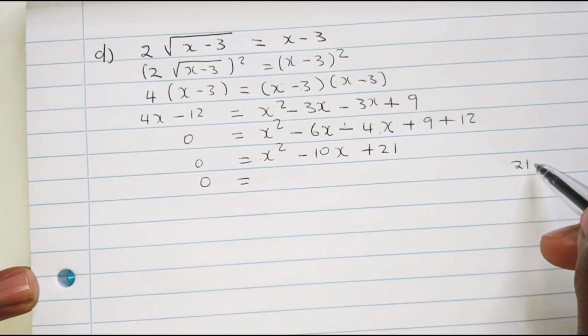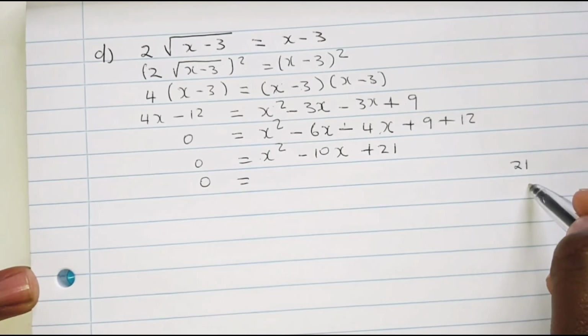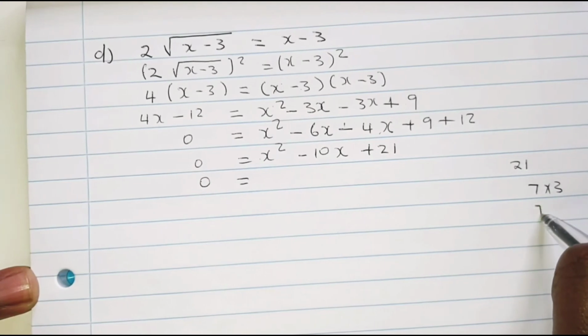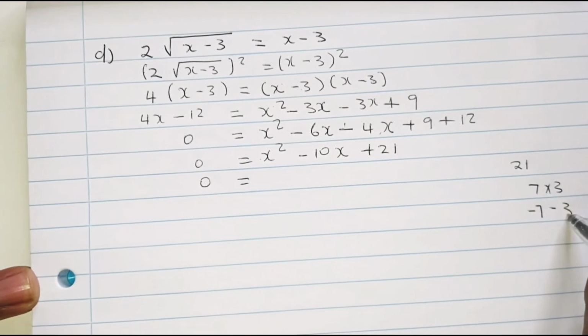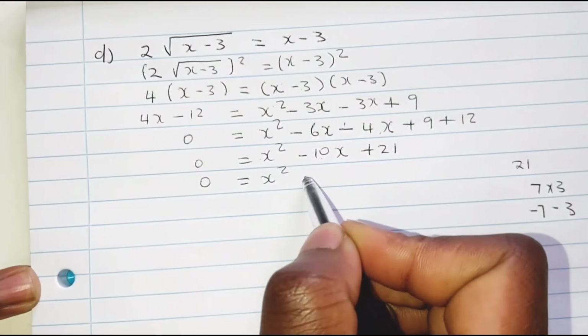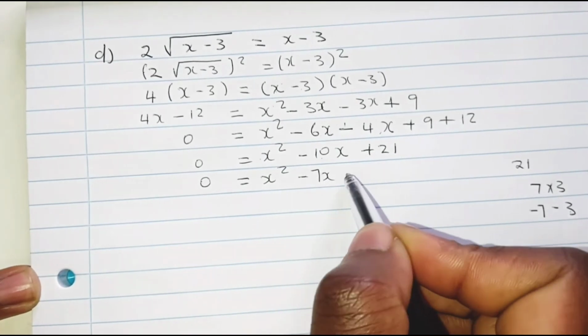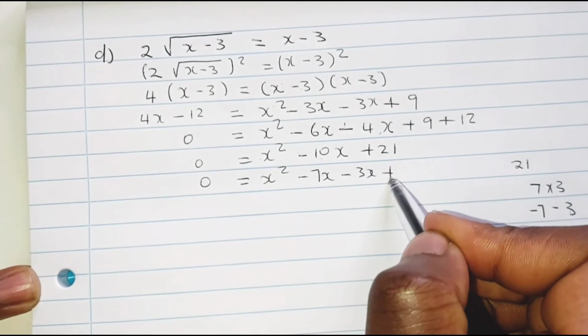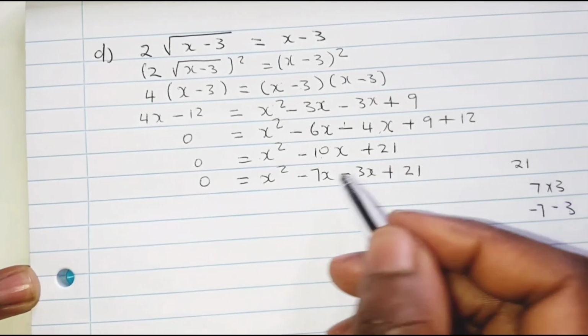The product 21 can also be 7 times 3, which gives us 21, right? So minus 7 minus 3 gives us minus 10, right? x squared minus 7x minus 3x plus 21, which is our 21.